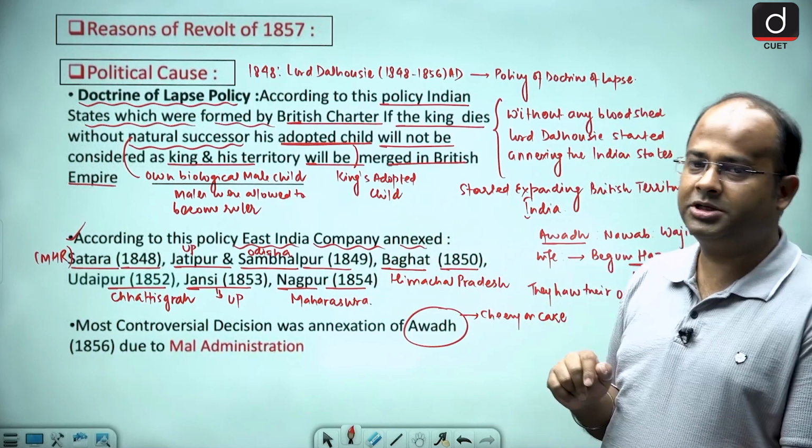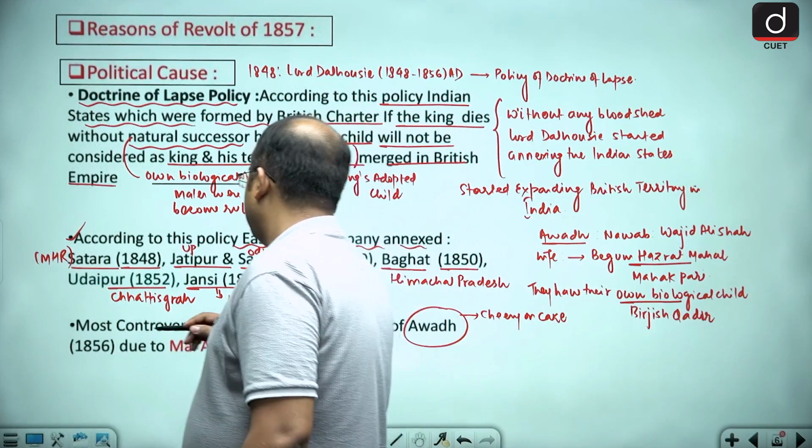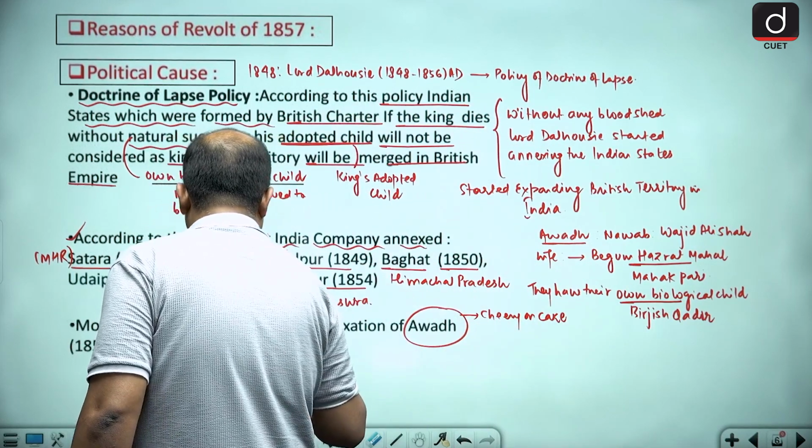So what the British East India Company did, they started saying that Awadh is maladministered.